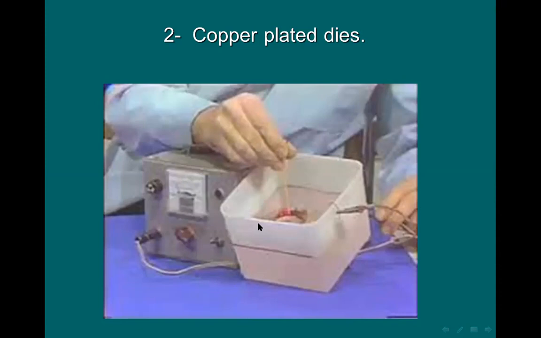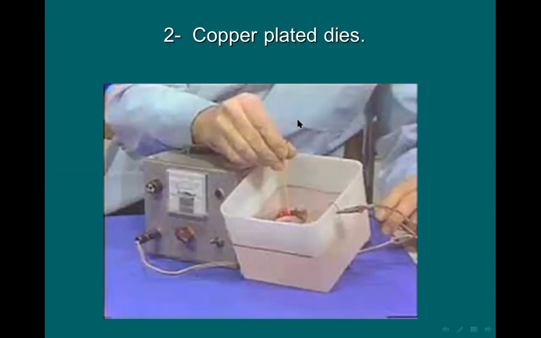The other type of die is the copper plated die. Here we are going to change the solution to a copper material to make the covered cast with a copper material.